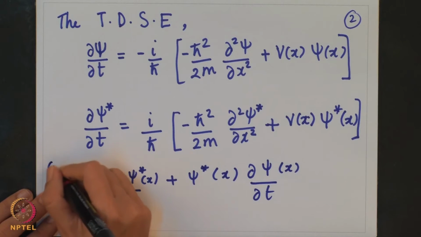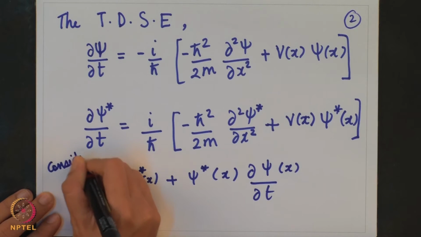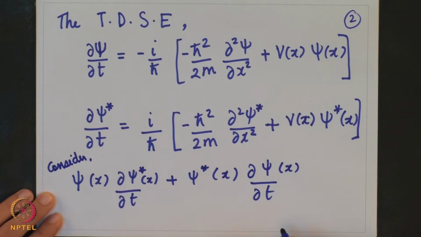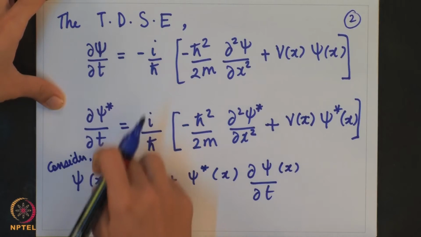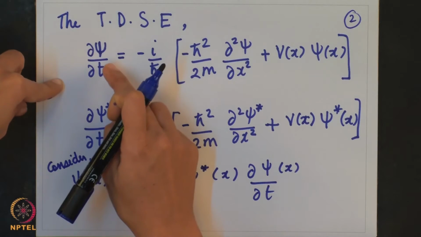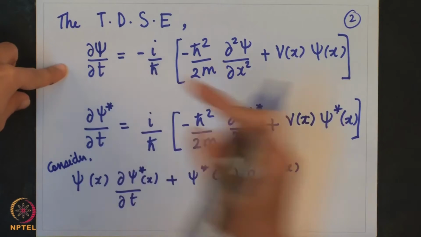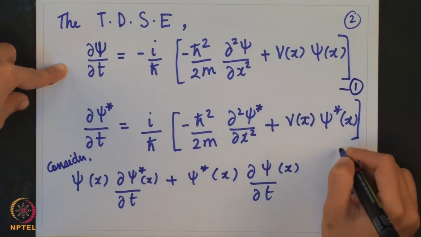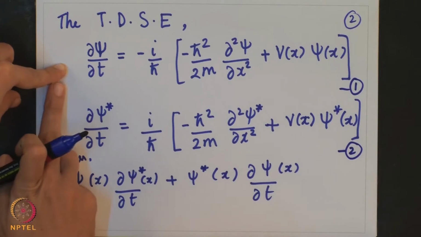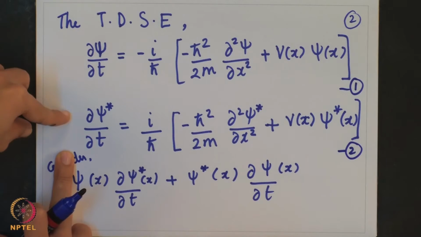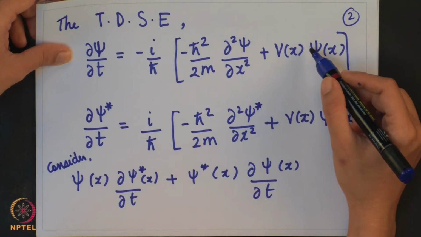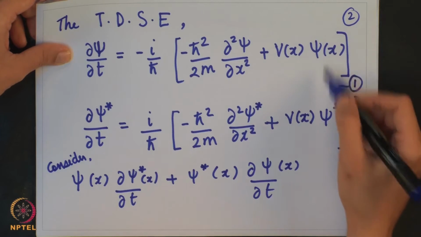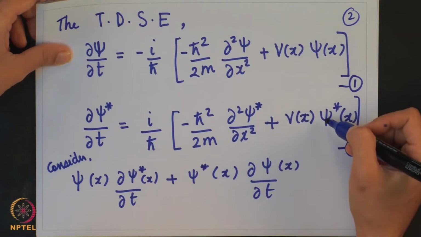So you consider this part. When you use these two equations, that is you multiply the first equation by psi star and the second equation by psi, what you obtain is that the psi and psi star terms for the potential will get cancelled.